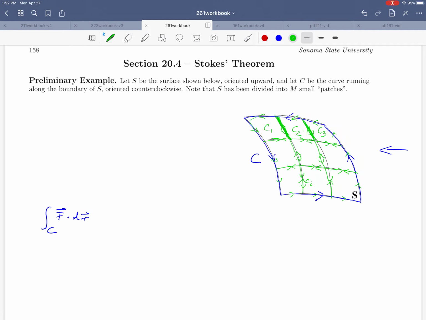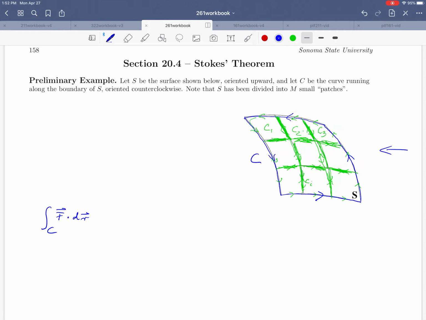You can see everywhere on each of these inside walls, once I'm going in one direction and once I'm going in the other direction. So all these little inside contributions to the line integrals are going to cancel out.